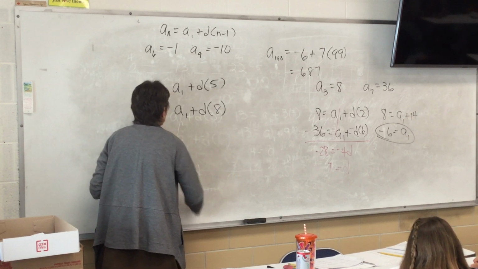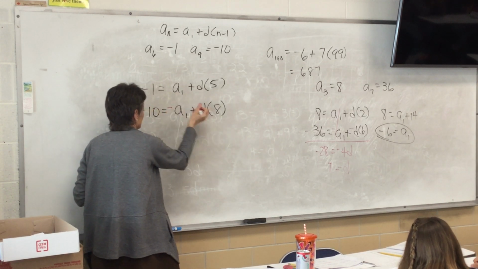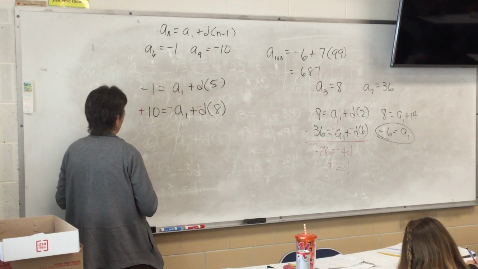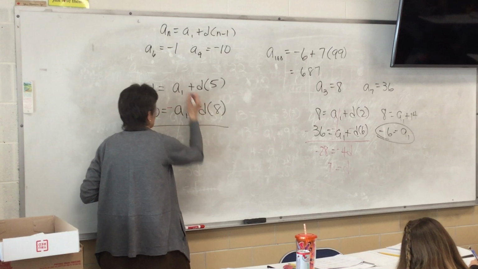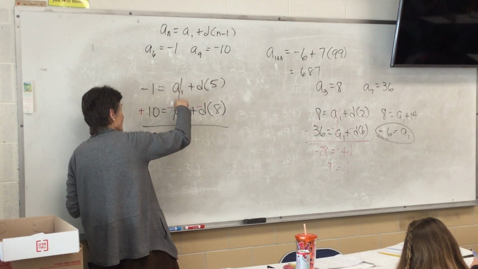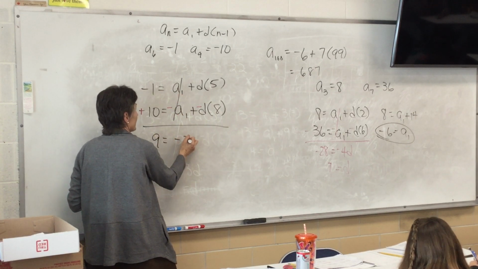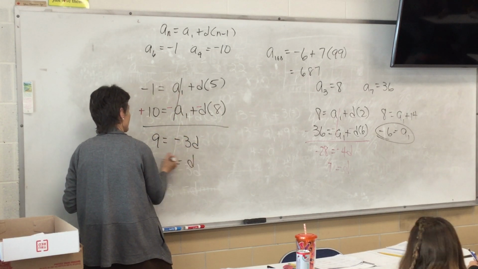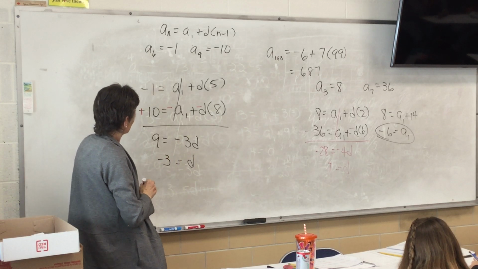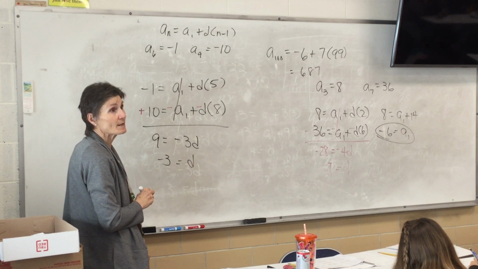Now, let's just go ahead and cancel out these guys. I'm just doing regular elimination, so I multiplied this by a negative, that way that will cancel out. So 9 equals negative 3d. I got negative 3 this time. Did I do that right? Try to stay awake.